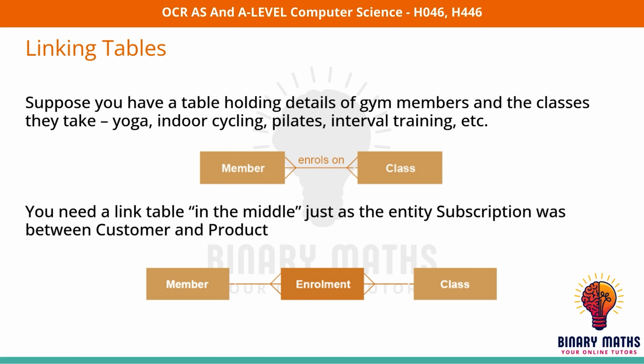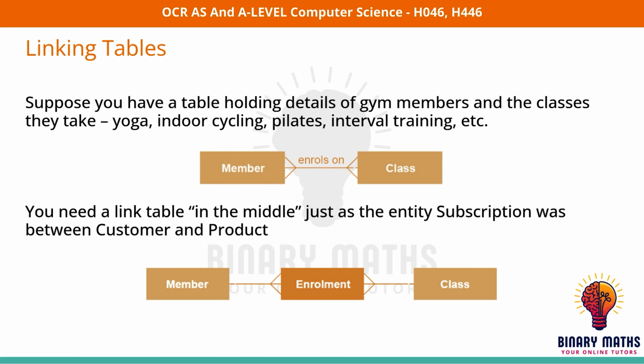Let's revisit the concept of linking tables again. In many-to-many relationships, because it's such an important part of database design, as we discussed earlier, many-to-many relationships can't be directly represented in database tables. Instead, we use a linking table to manage the relationship between the two entities.